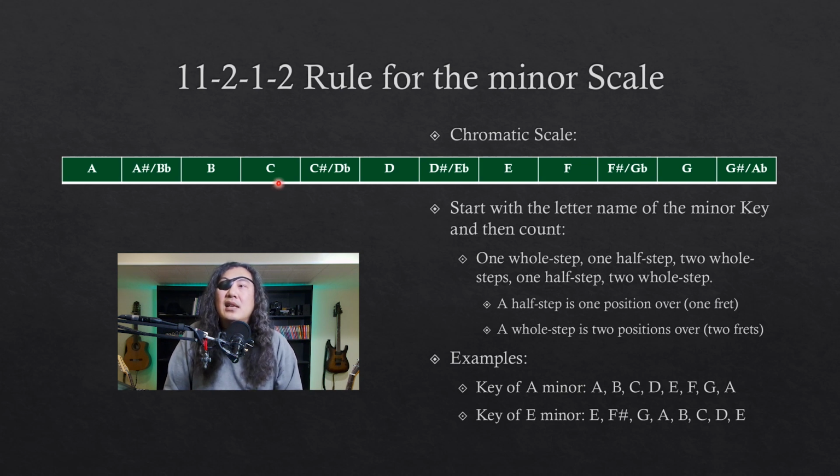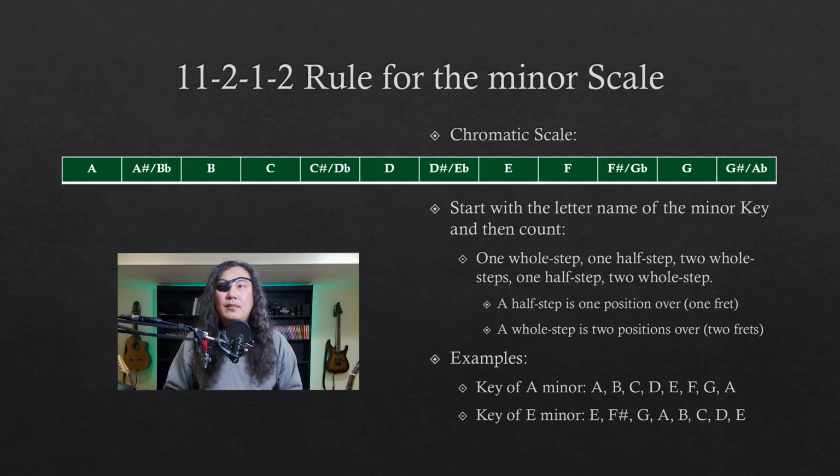So C to D is 1 whole step, and D back to E, our starting point, is our second whole step. So the key of E minor has the E minor scale, which is made up of the notes E, F sharp, G, A, B, C, D, and E. That is our E minor scale.